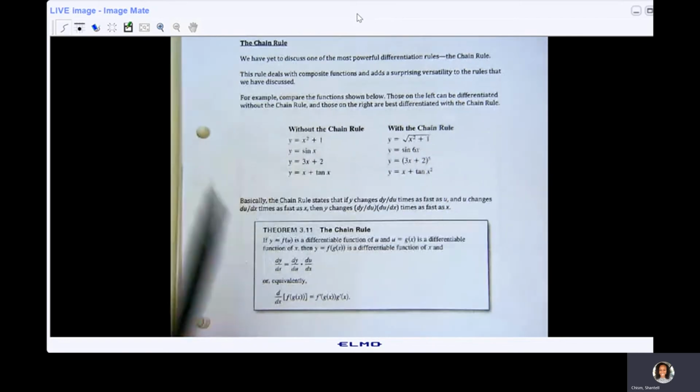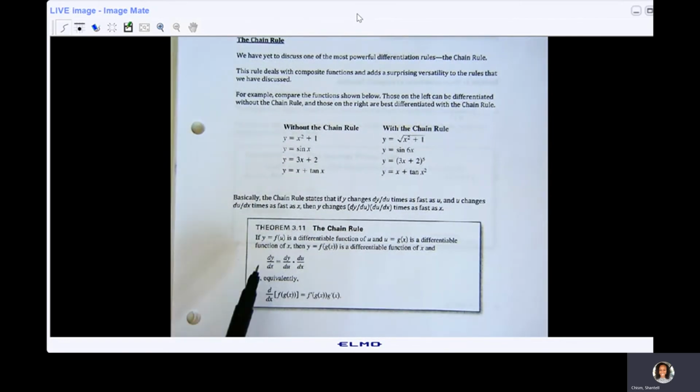So in other words, the derivative of y with respect to x is equal to the derivative of y with respect to u, times the derivative of u with respect to x. So it's as if you take the outer derivative with respect to u, then you take the derivative of u, the inside function, with respect to x.